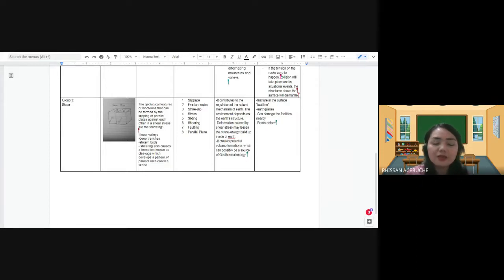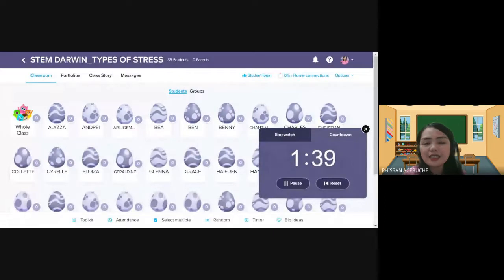You can now leave the Google meeting if you're done working with your group mate, and prepare for your presentation. So we only have 1 minute and 37 seconds. So for this time, you can now leave your Google meeting so that when the time stops, everyone is already here and we can start presenting your answers.